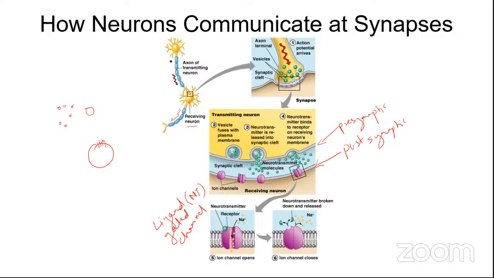If the previous neuron fires and is in contact with the receiving neuron, and the receiving neuron has these ligand gated sodium ion channels, then in response to the neurotransmitter they are going to open, and that will generate a second action potential in the second receiving neuron. Is this much fine? Right. Now the question arises, how long will this continue? Is this a valid question to ask?